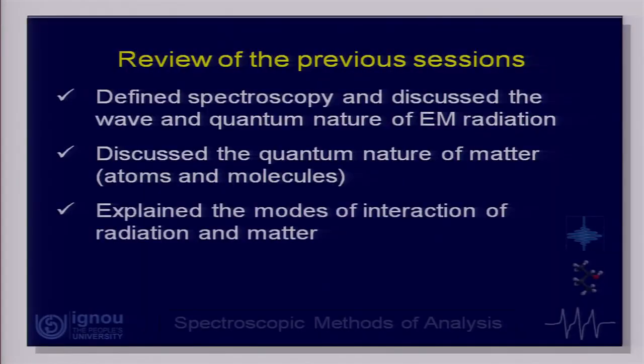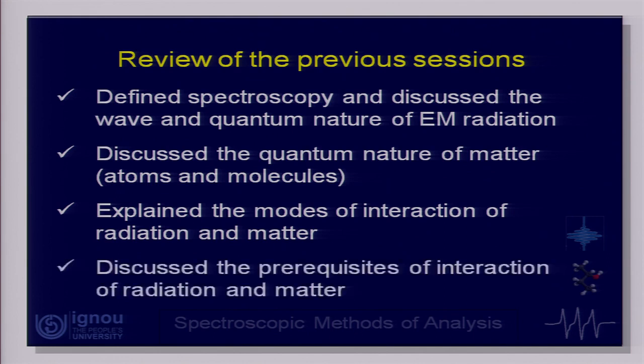Then we continued our discussion and moved on to the interaction between the two. We talked about different possibilities of interaction and the prerequisites for that kind of interaction to take place. That is where we are so far.